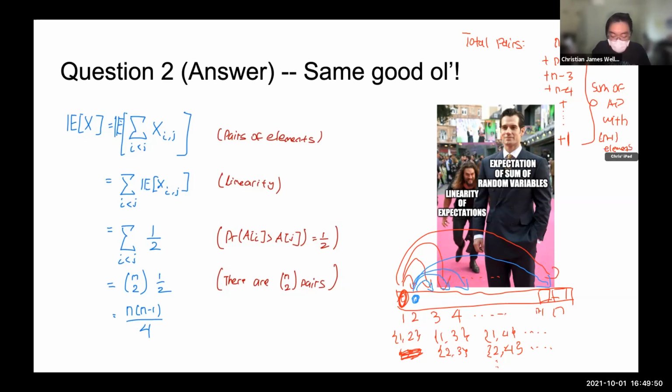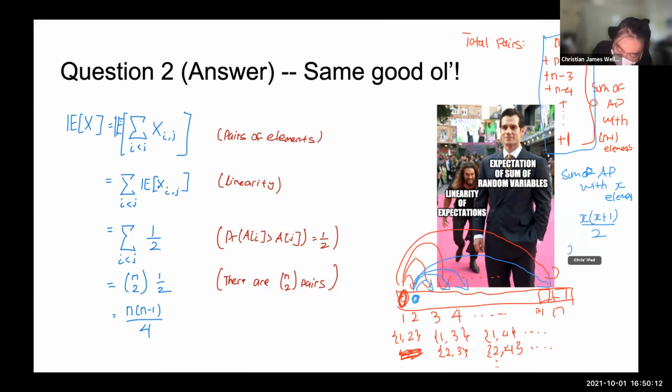The formula for the sum of AP with x elements, I put x so as not to confuse it with the number of terms we have, is x times x plus 1 over 2. Here we have an AP with n minus 1 terms, so x equals n minus 1, and we get n minus 1 times n minus 1 plus 1 over 2.